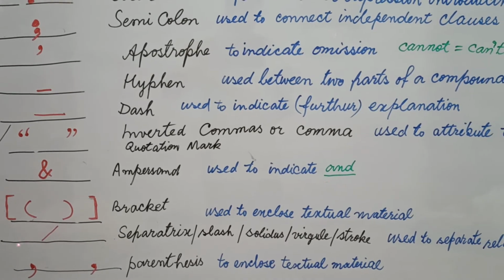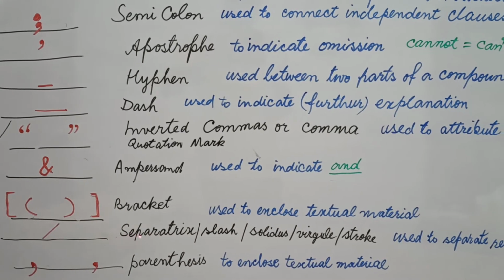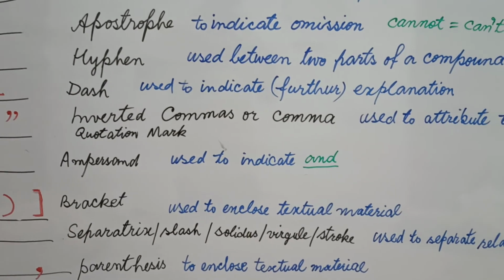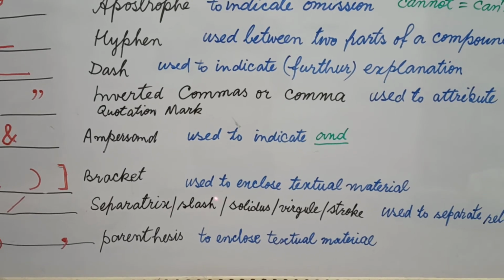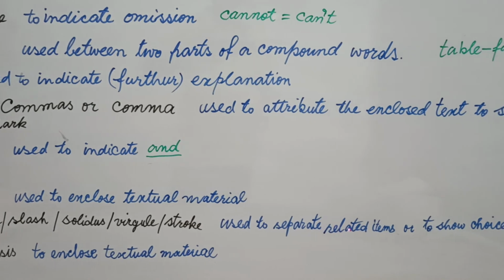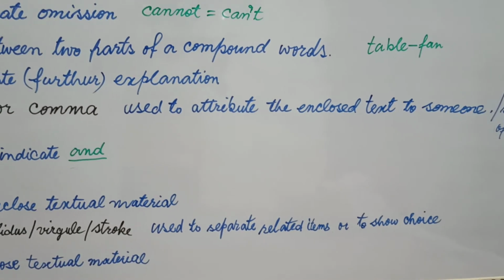Now students, this is a sign. This is called separatrix, slash, solidus, virgule or stroke. Generally we know it as a slash. Slash means you use it to separate related items or to show choice. What is choice?